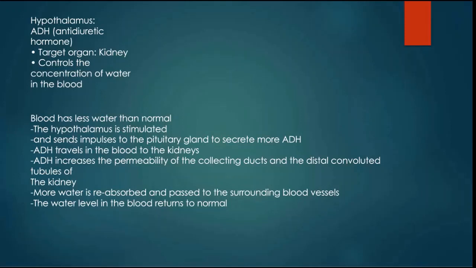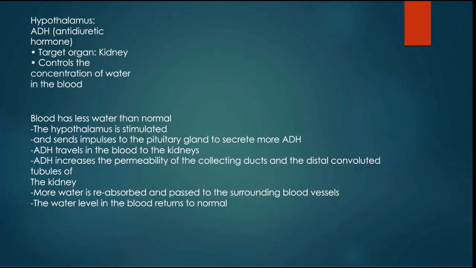So what happens if the blood has less water than normal? The hypothalamus is going to be stimulated. It will send impulses to the pituitary gland to secrete more ADH. Apparently, ADH is secreted by the pituitary gland. Please just take it as it is here.